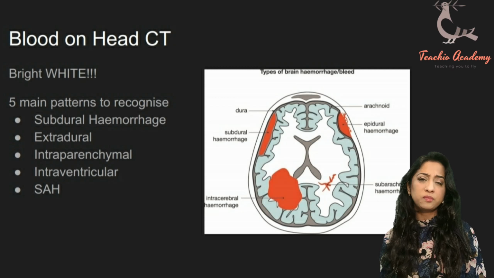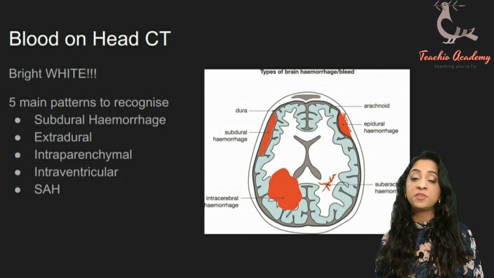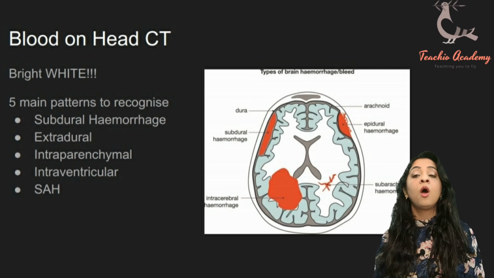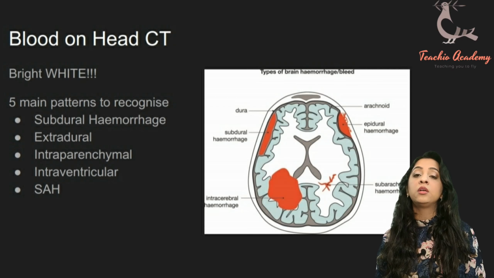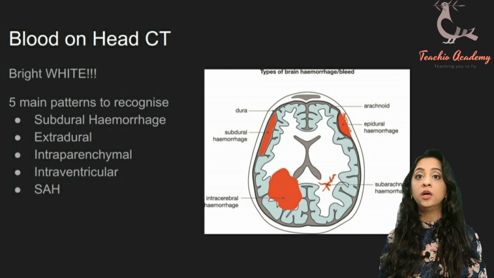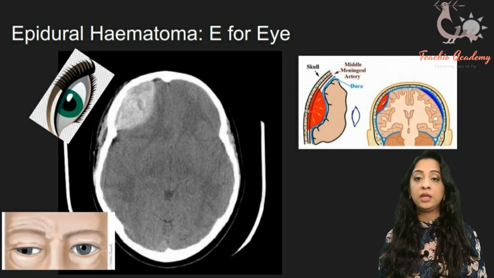After a while, it often becomes a matter of pattern recognition. So it's just recognizing the shapes that we see here, and when you see that particular shape on your exam or in real life, you should be able to completely jump at the causation or the reason for the bleed in the brain. Starting with the epidural hematoma.